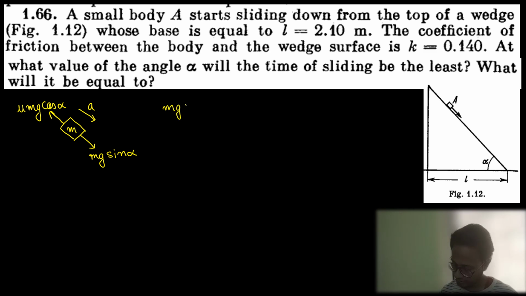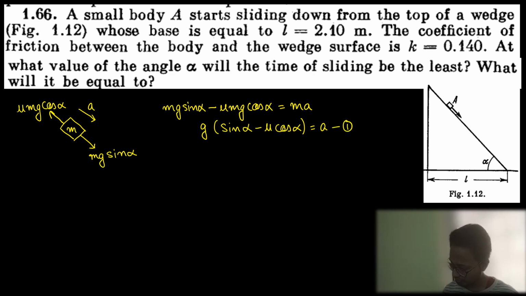So mg sine alpha minus mu mg cos alpha is equal to ma, or a is equal to g sine alpha minus mu g cos alpha, or g into sine alpha minus mu cos alpha is equal to a. So this is our first equation.